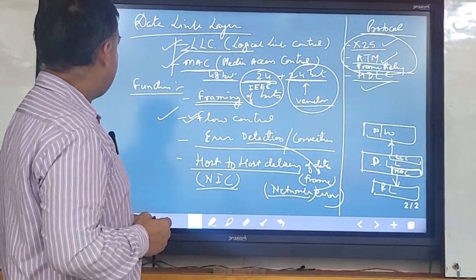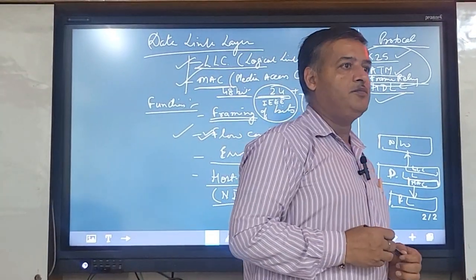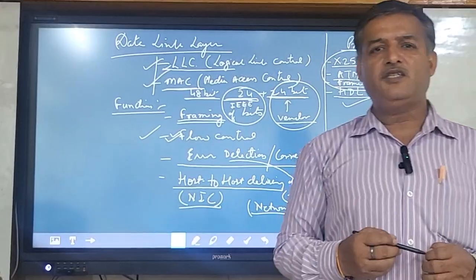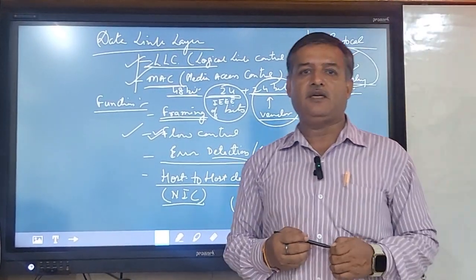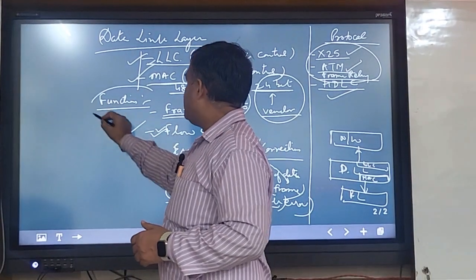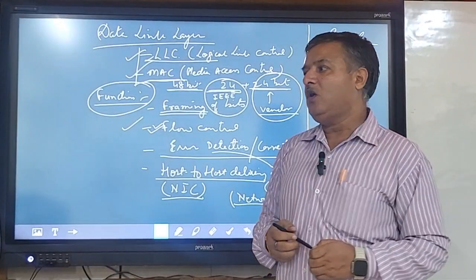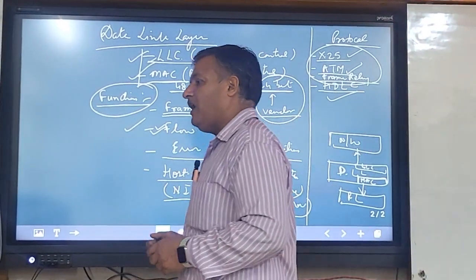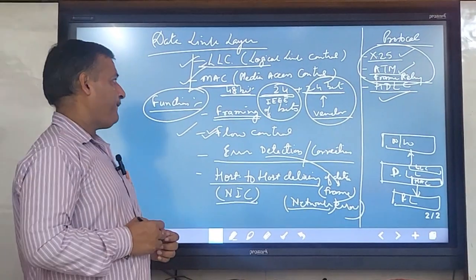The data link layer topic is also very interesting, and it is standard, because only then will you consider yourself a full-fledged network professional, when you have an idea about each and every layer's concept.